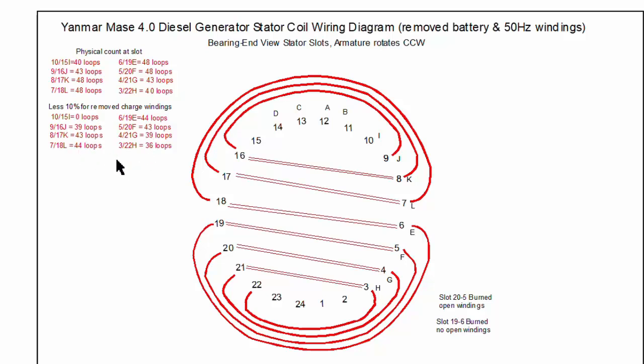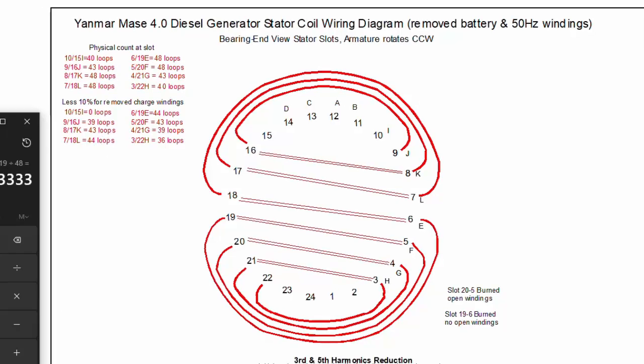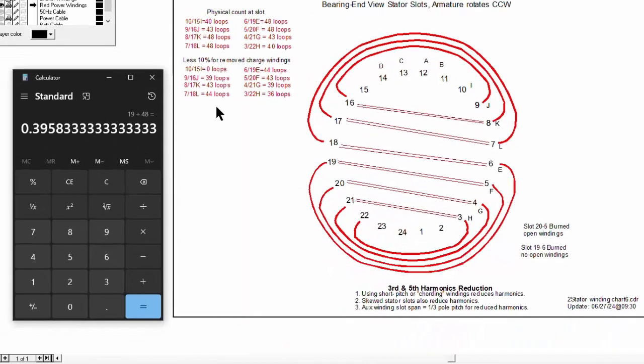To do that, we simply, it's not so simple, add up all these loops. We got 39. Let's clear all this stuff.